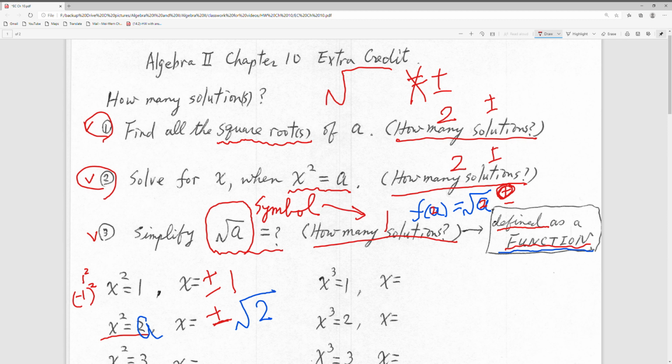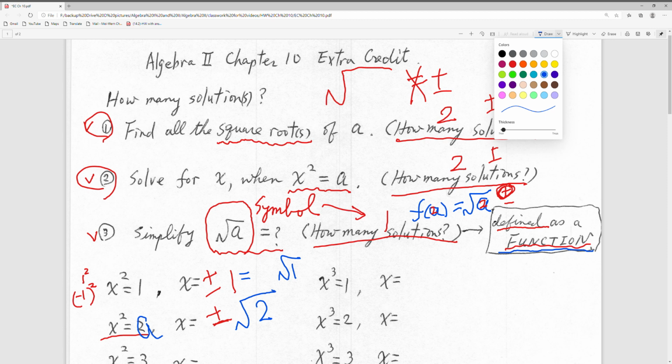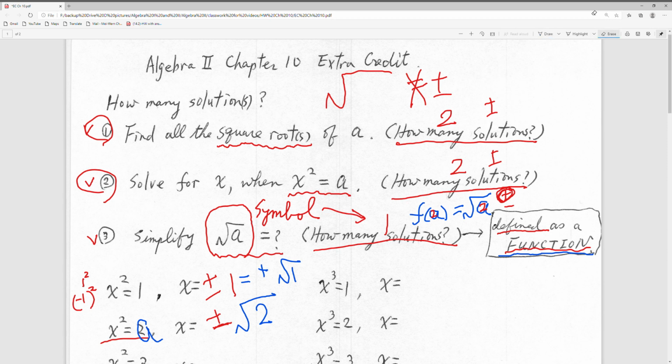So I can go back to this one, square root of 1, and you need to add positive negative by yourself.